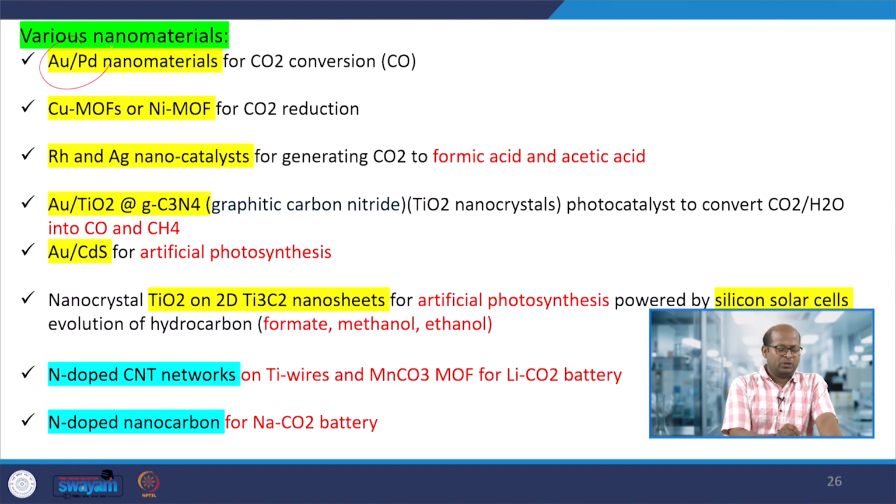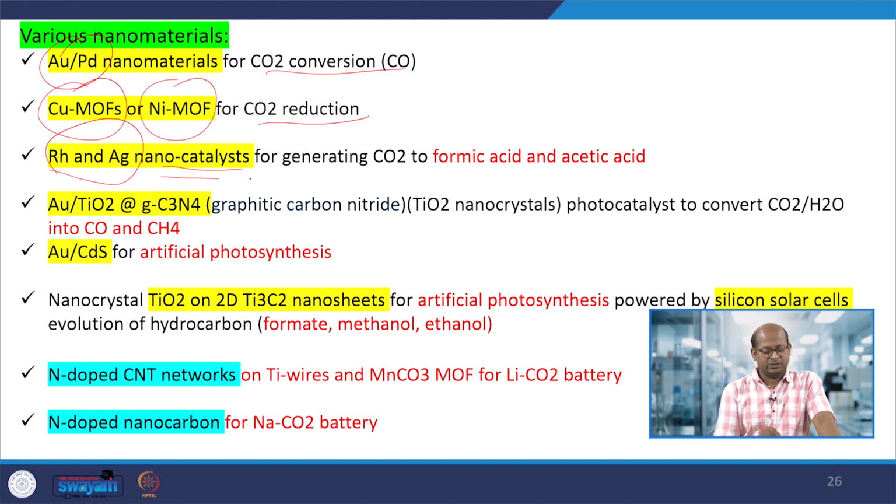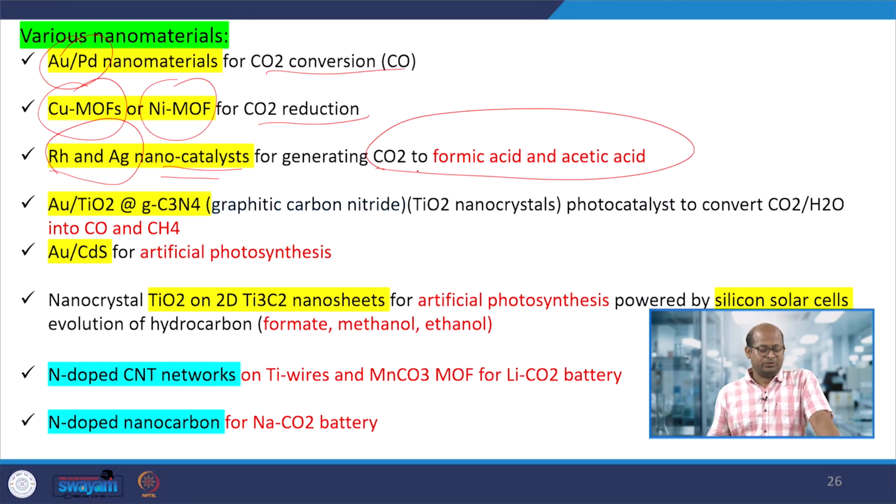So here we have gold, palladium nanomaterials, copper, MOF, nickel MOF. For CO2 reduction we can use rhodium, silver nanocatalyst. For CO2 to formic acid production we can use gold, titania, graphitic carbon nitride, which can also be used for converting water and CO2 into CO and methane value added products.